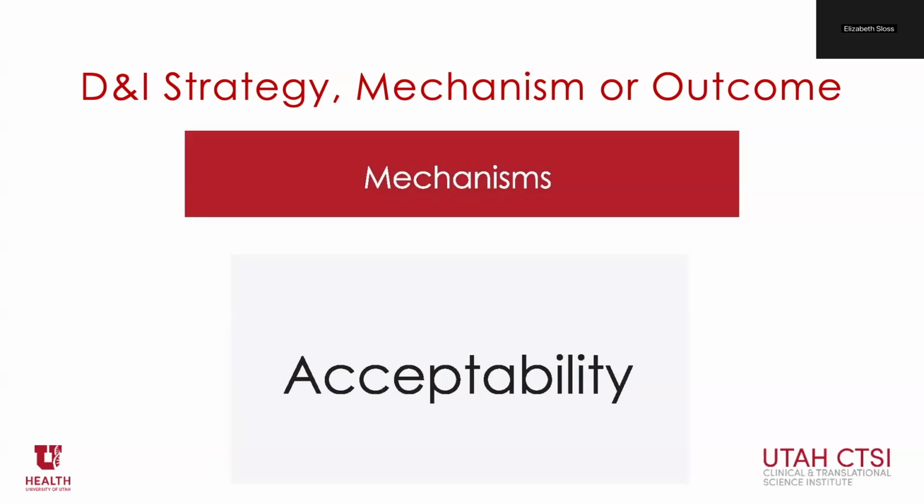This is where I kind of land on it. If you use Proctor's implementation outcomes framework, acceptability is labeled as an outcome. If you use the REAIM framework, it's not listed as an outcome. If you use the expanded REAIM framework that we published about 4 years ago, it's defined explicitly as a mechanism. And the reason is that you can create strategies to improve the acceptability of an evidence-based intervention, which will lead to adoption.